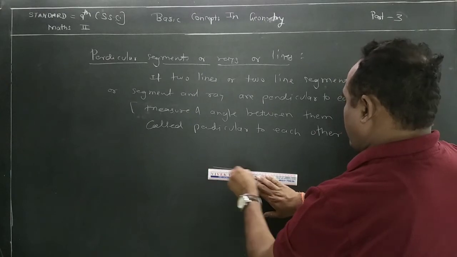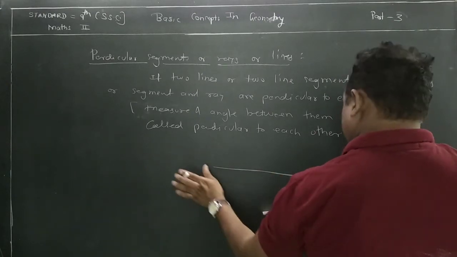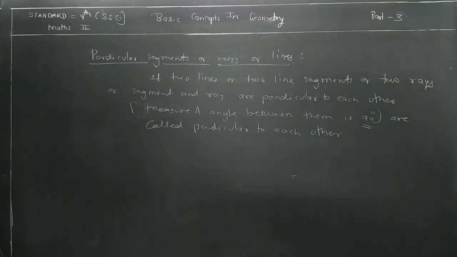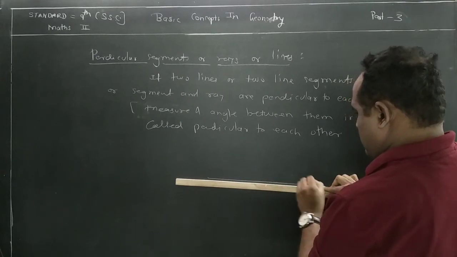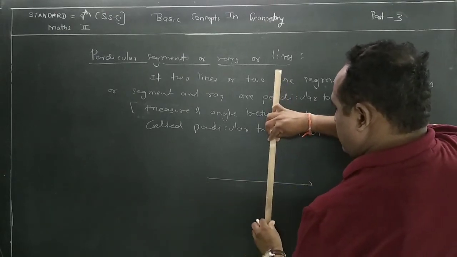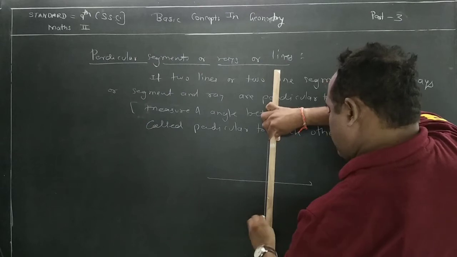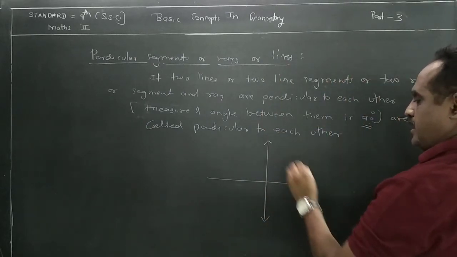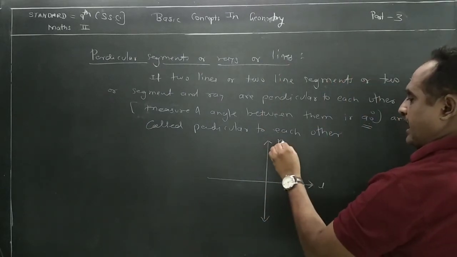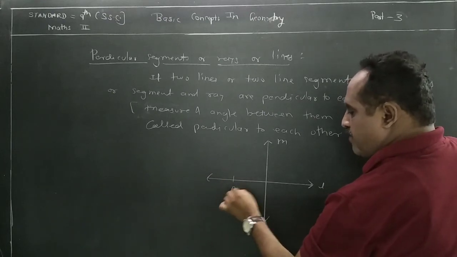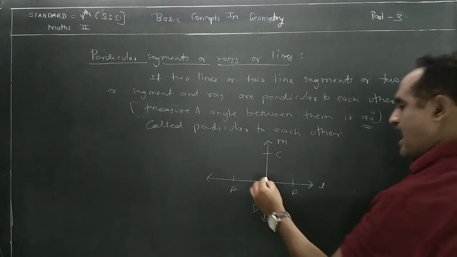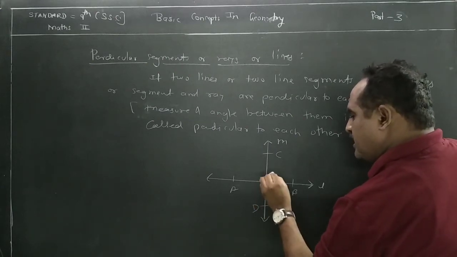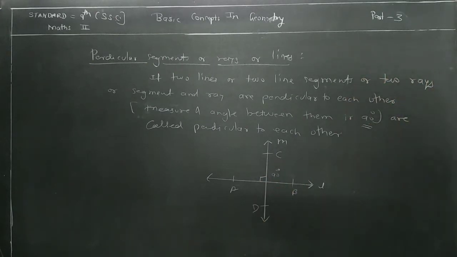Suppose I draw the figure like this. Suppose this is line L, line M, and this is segment AB and segment CD, and the angle between them is 90 degrees.